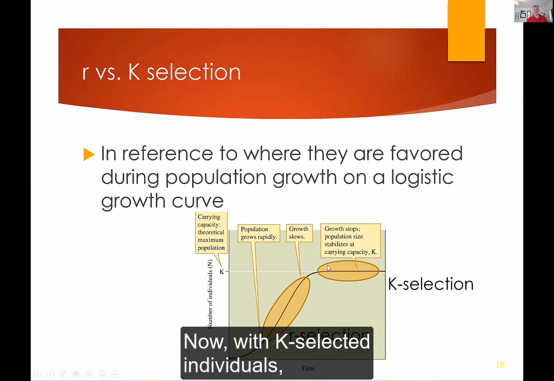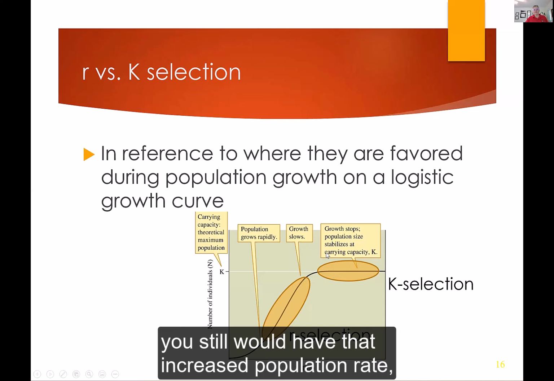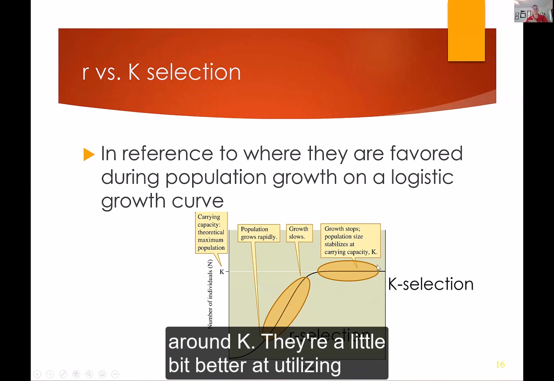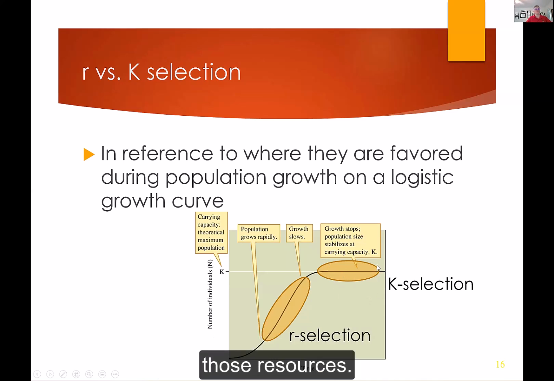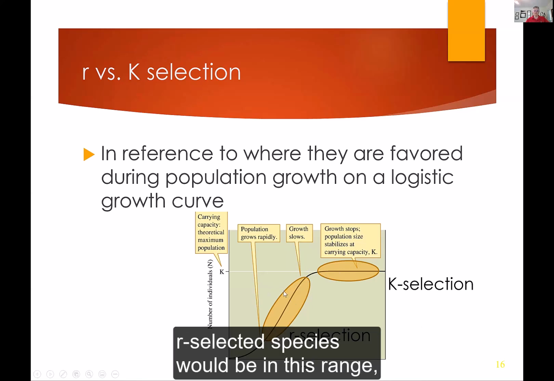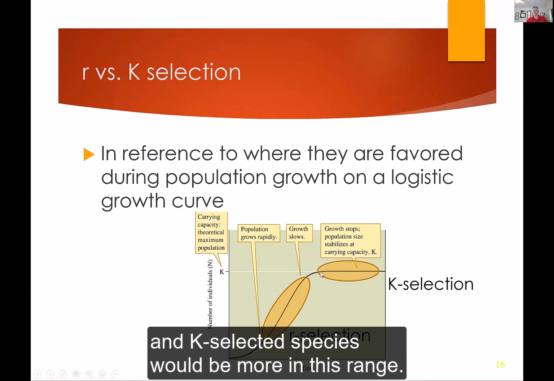Now with K selected individuals, you still would have that increased population rate, but again, it's just going to kind of hover around K. They're a little bit better at utilizing those resources. Now, it's not always this smooth, but generally speaking, R selected species would be in this range, and K selected species would be more in this range.